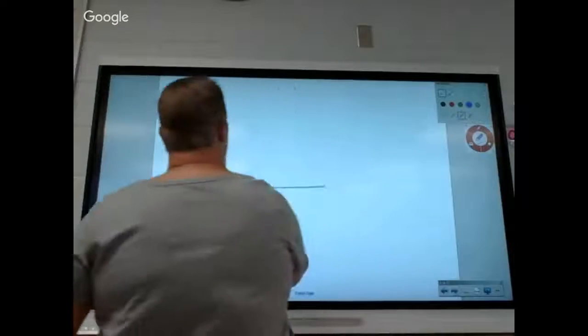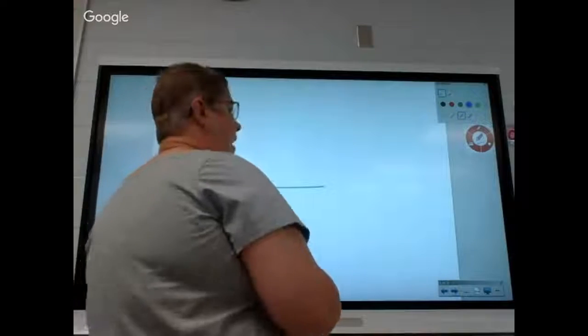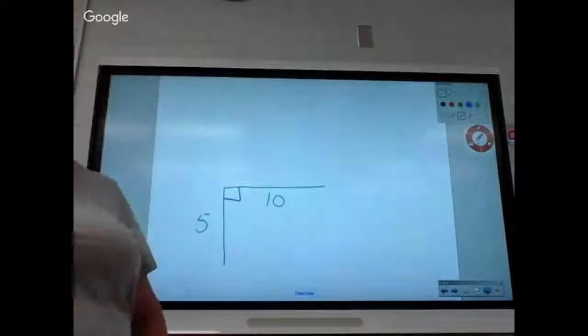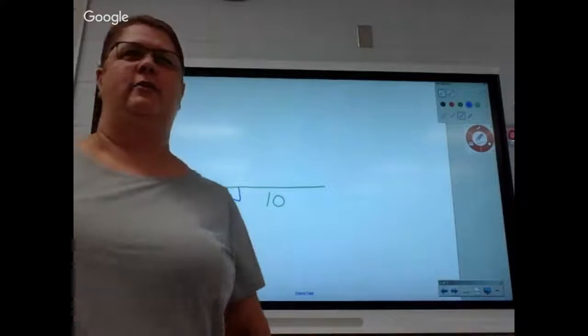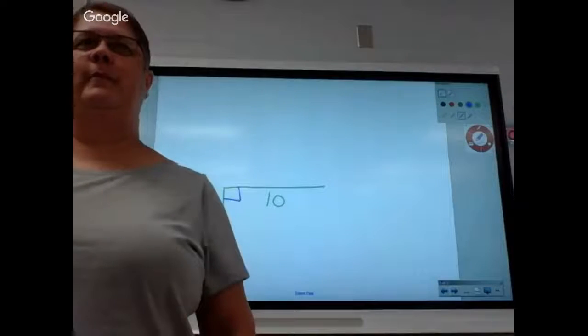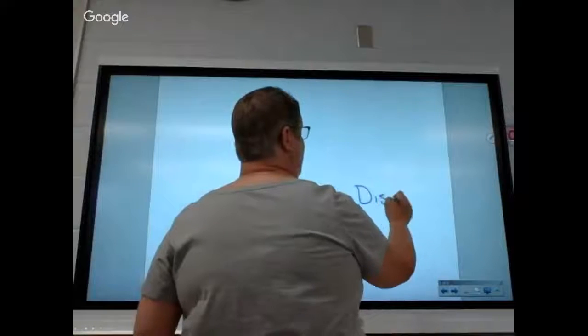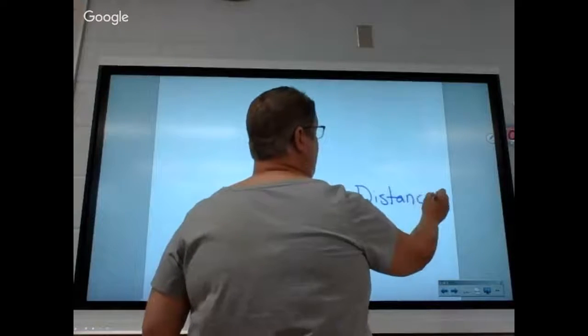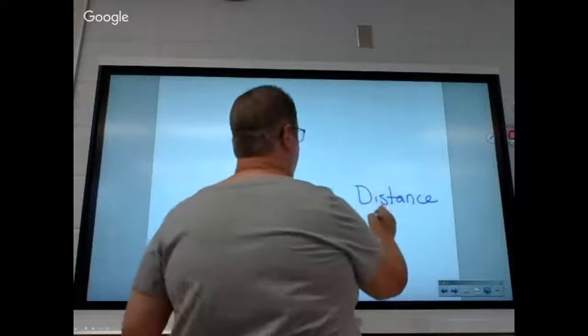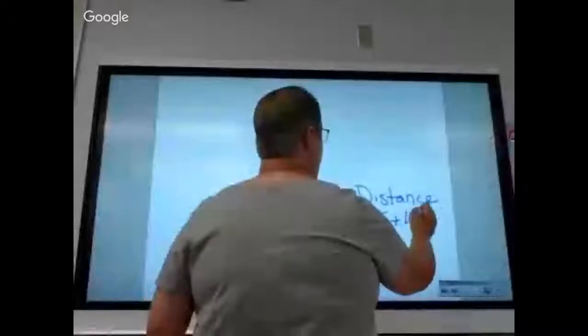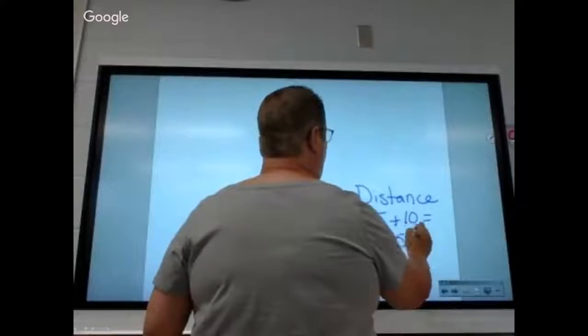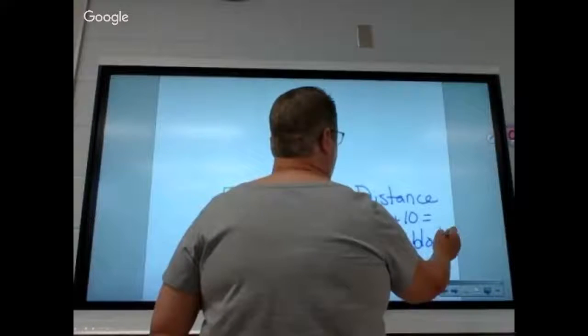If we create a right angle, how do we find our distance? We do what to find distance, Tanya? What do we do to find distance? Oh, you add. Very good. So 5 plus 10 will give us 15 blocks for the distance.